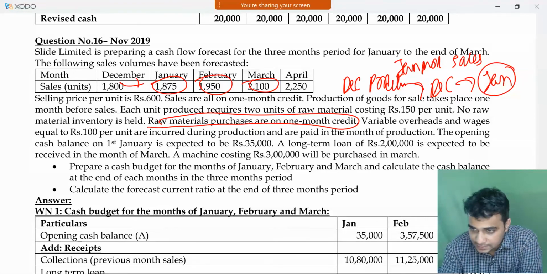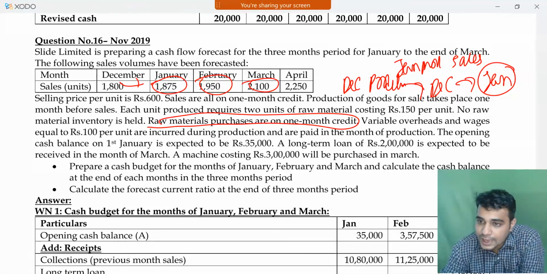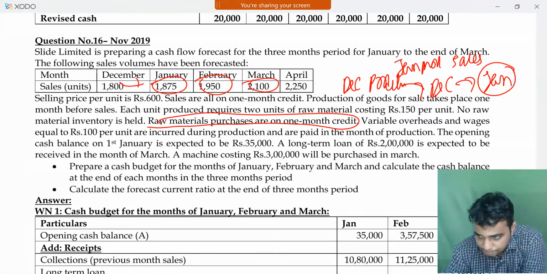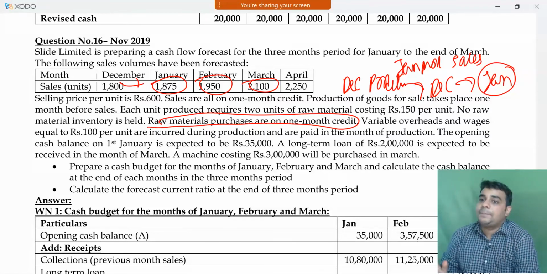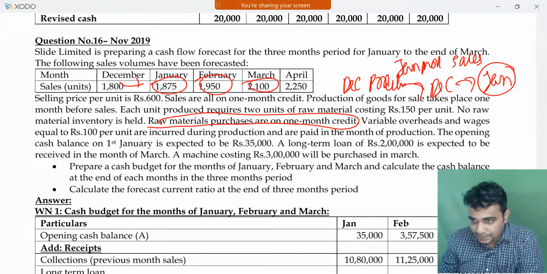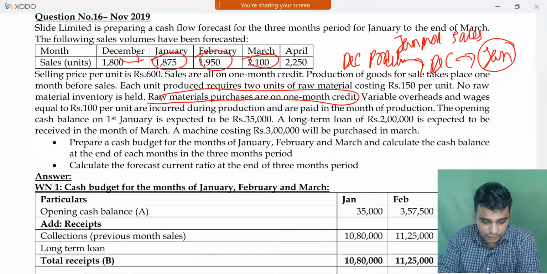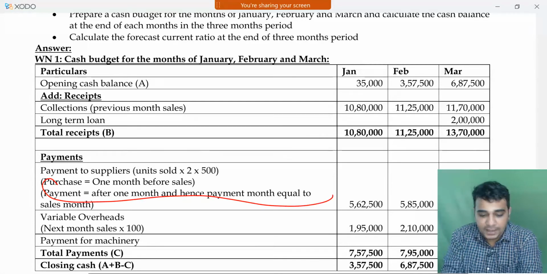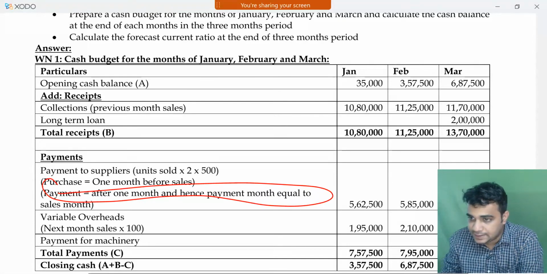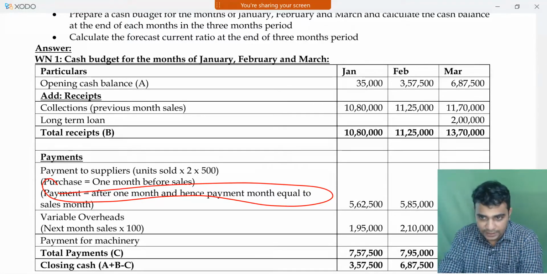The same month, because sales happen in January, production for that happen in December, purchase for that happen in December and payment for that happen in January. In short, payment happens for the same month of sales, only the raw material part.